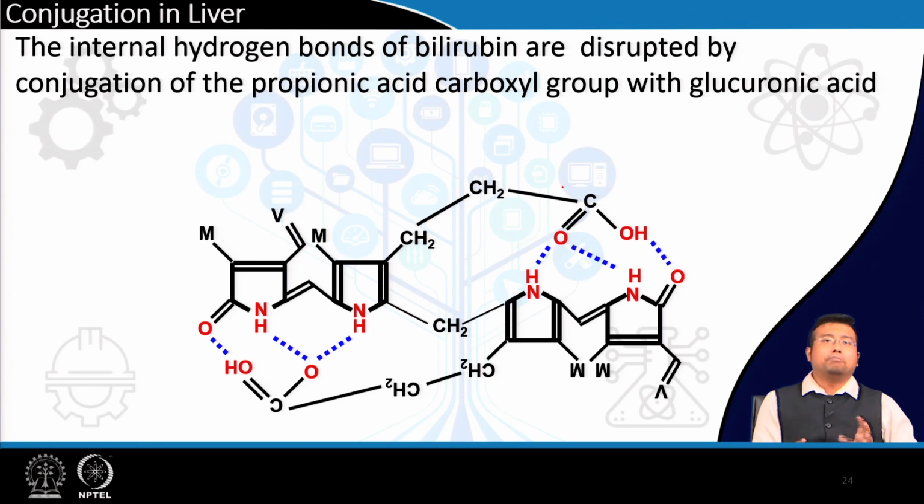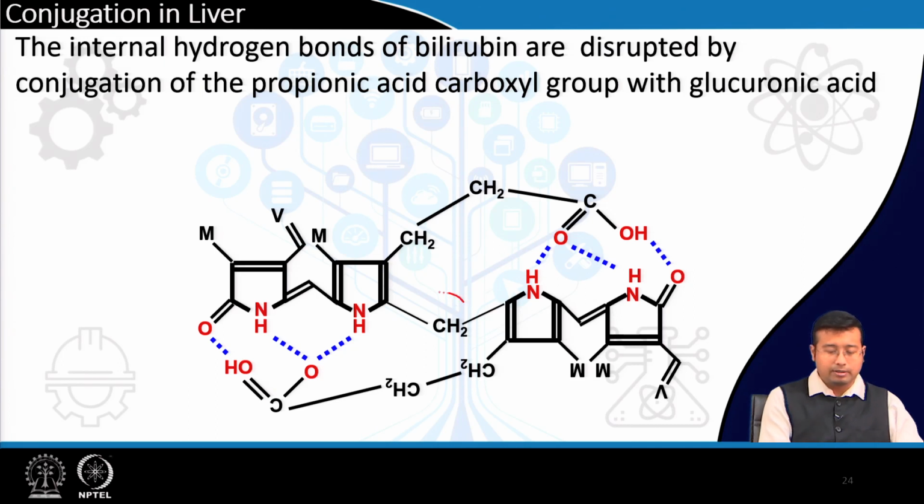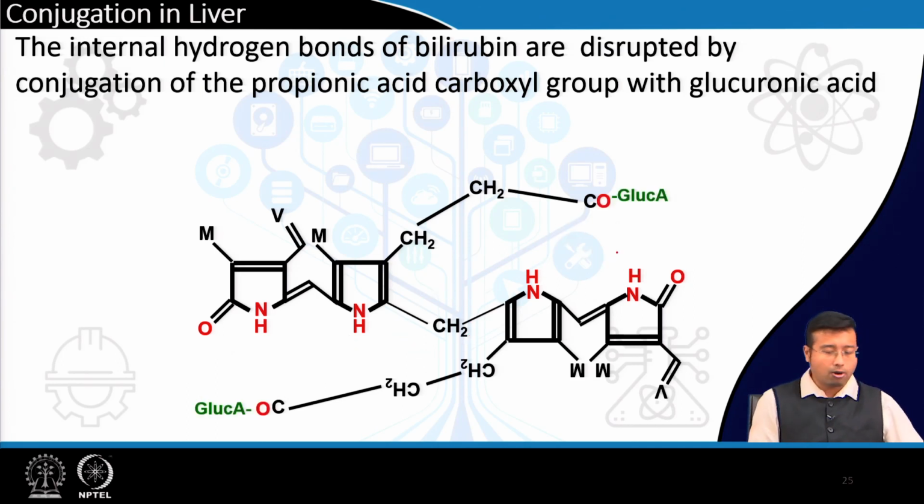This is the insoluble picture of bilirubin, where the central methane bridge is buried by intramolecular hydrogen bonds. Once the propionyl side chains combine with glucuronic acid by two sets of glucuronidation, the central methane bridge is actually exposed. This increases the reactivity, solubility, everything.